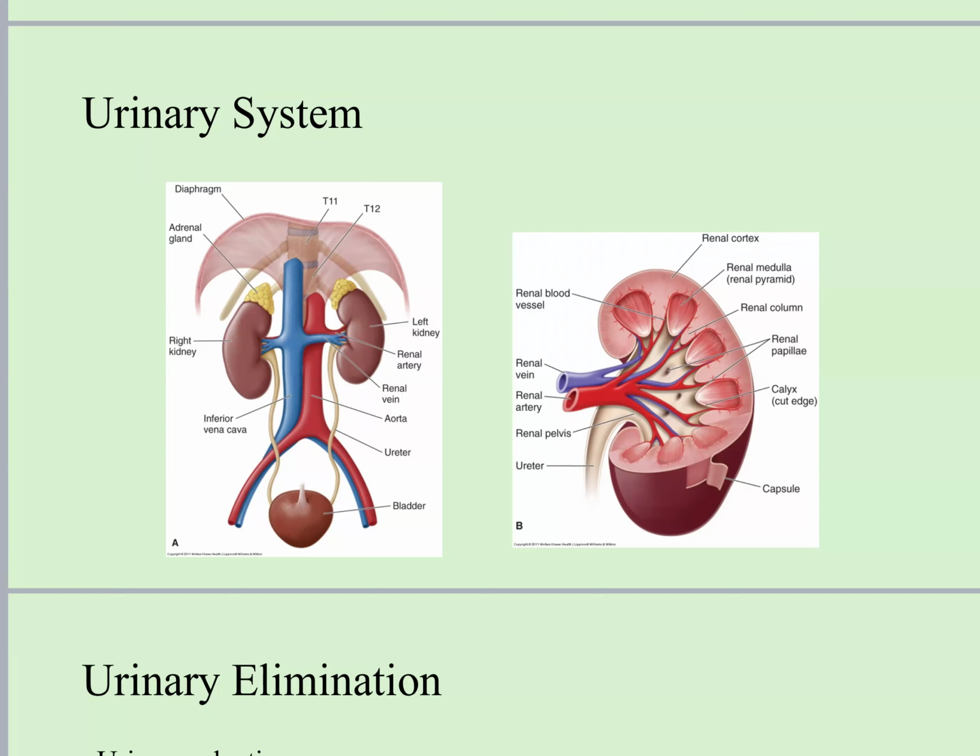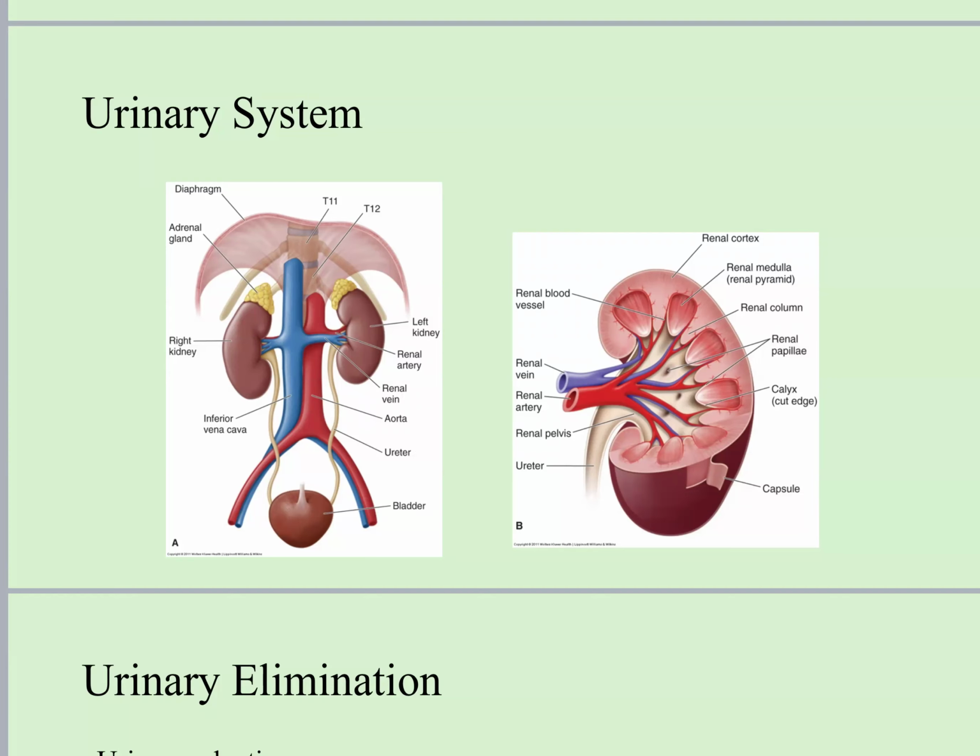And inside are the glomeruli, which are the little filtration units, the proximal and distal convoluted tubules. And this is the main site of where blood is filtered and where urine formation gets started. So the renal cortex is the main site of blood filtration.